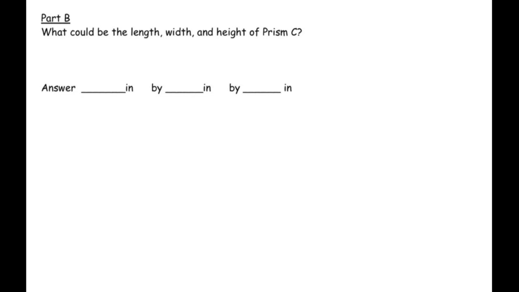So when we're coming up with dimensions, we want to come up with dimensions that are going to give us a product of 42 when we multiply the length, width, and height. So what are some possible dimensions that I can use to give me a volume of 42? So when you're doing this, you want to think about numbers that when you multiply them, you can get 42.